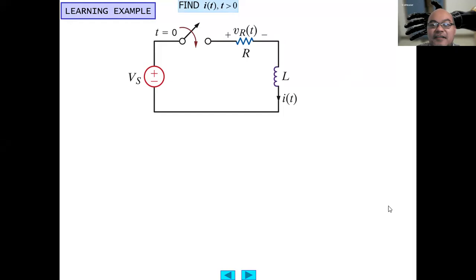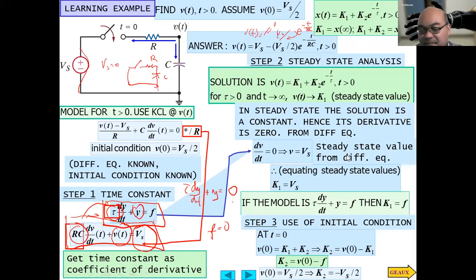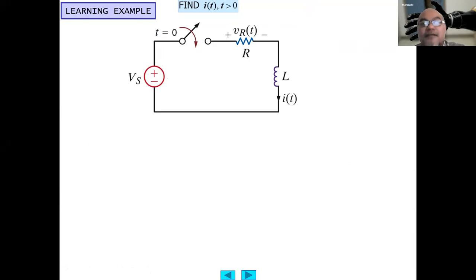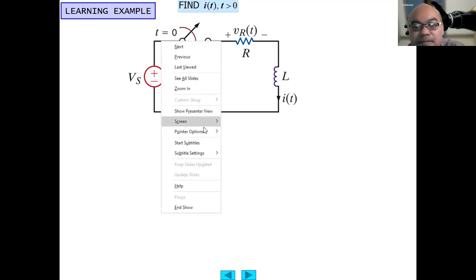Okay, so this is another example. Now instead of a capacitive circuit, we have an inductive circuit. Find the current IT when T is larger than 0. From the problem here, we know that at T equals 0, the switch is turned on.